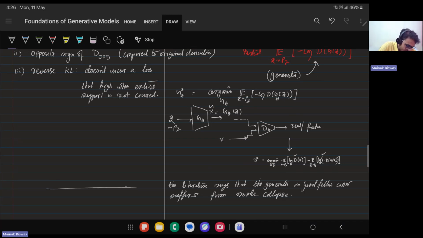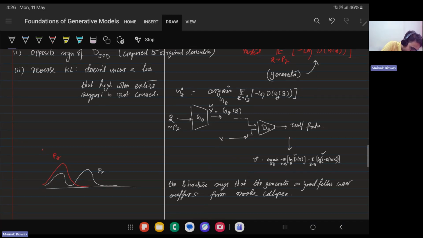It means that, say, this is your Px distribution, and let us have multiple modes in the Px distribution. Often your P theta distribution could be something like this. So this is a mathematical example, in terms of distributions.